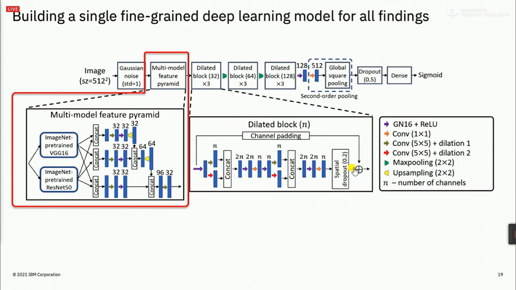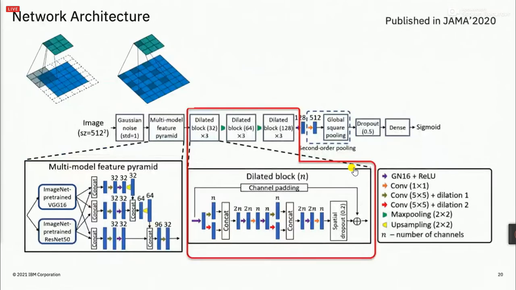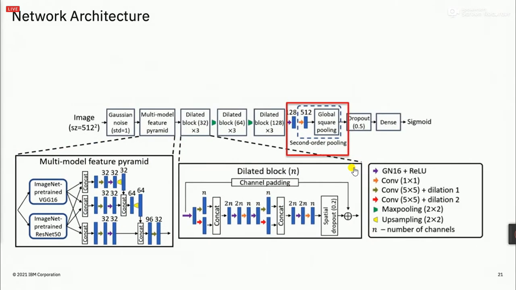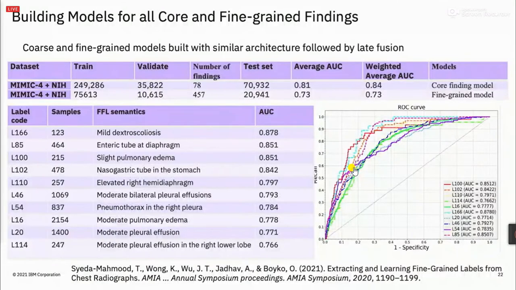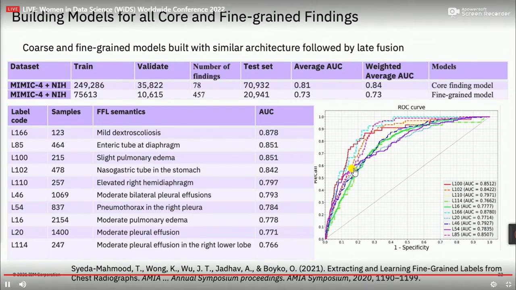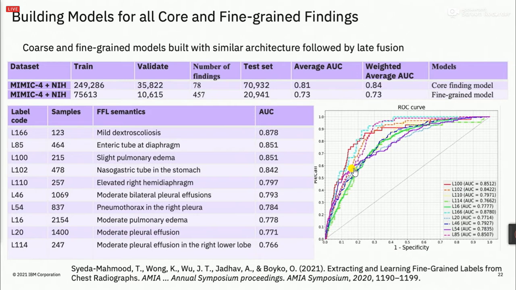And as a result, we ended up building this model which exploited the latest in computer vision: feature pyramids, dilated blocks, global score pooling. For all those who use computer vision models, you know these are popular techniques, but we put them in unique combinations to do this. Based on that, you can now see the kind of findings we can detect, say something like moderate pleural effusion in the right lower lobe.